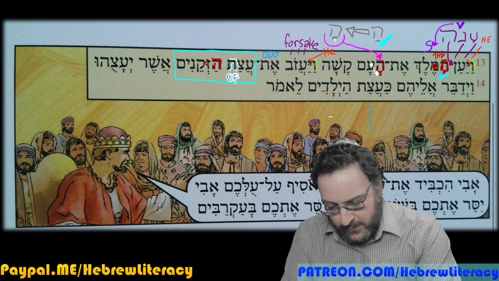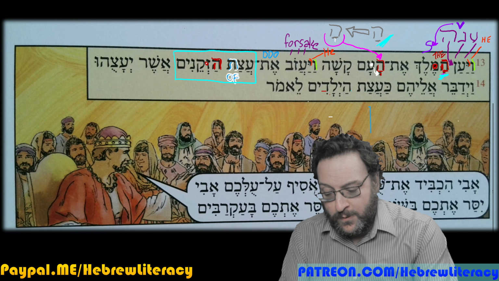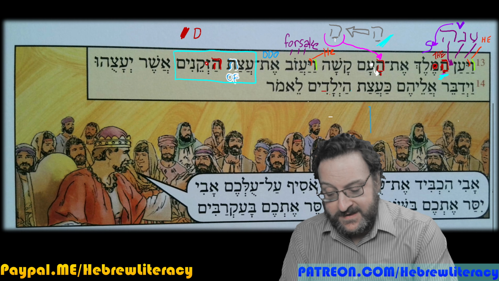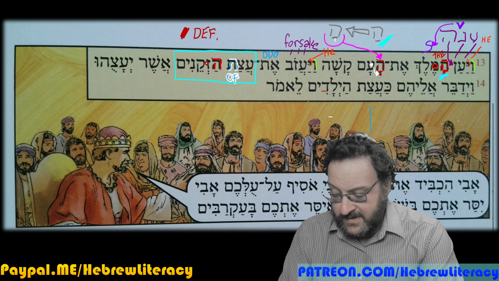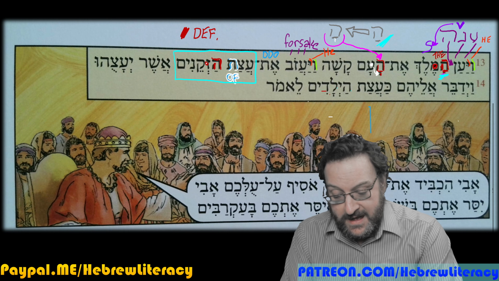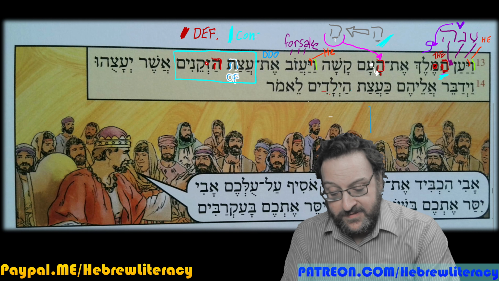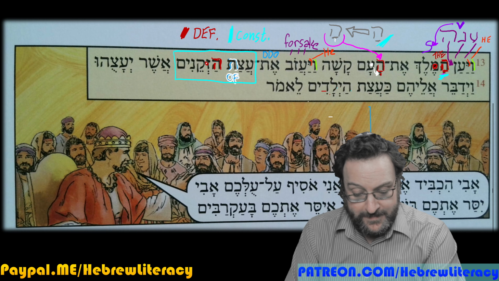Basically what I'm doing is I'm using red for the article. I'll just put def. That's for the definite article, right? I'm using aqua for construct or to highlight other things. Construct, I'll just put like that.